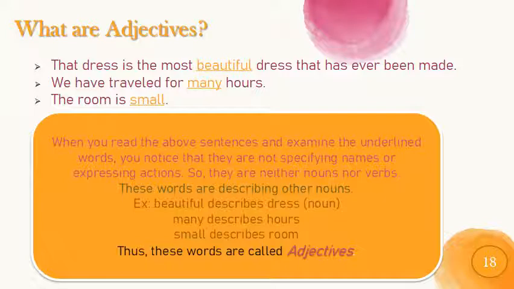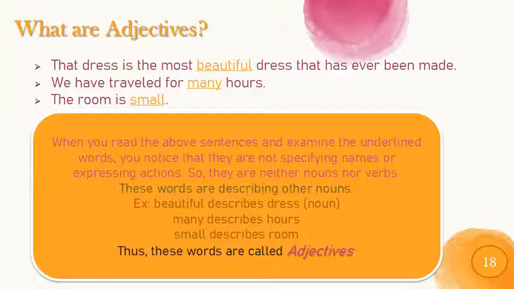Notice the underlined words, the yellow words in the sentences. If we examine them, we notice that these words are not specifying names. So if something is not specifying a name, we cannot call it a noun. And since they are not expressing actions, they are not verbs.